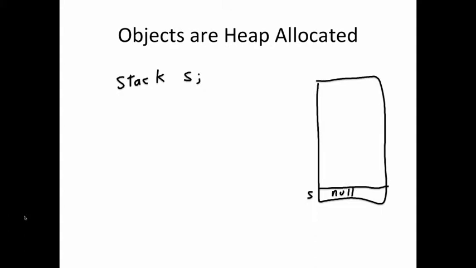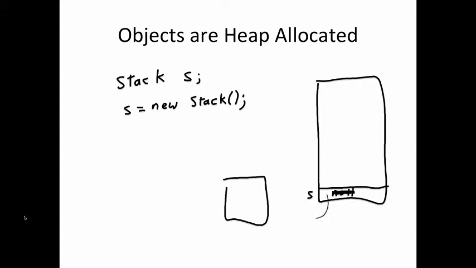In order to actually have a Stack object, we have to allocate it off of the heap. So the second statement will create a Stack object and it will make S point to it.